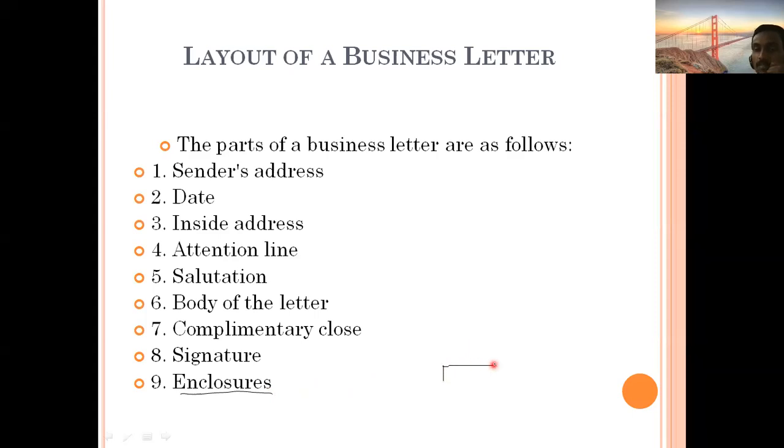Enclosures is nothing but attachments. What are you going to attach with this letter? It can be a price tag, it can be a notice, it can be earlier communication, it can be a reference, it can be something else, any offer, any advertisement, it can be any. Okay, so enclosure is nothing but what you are going to attach with this letter. So it may include xerox copies, photocopies, documents, anything that may come here in this enclosure.